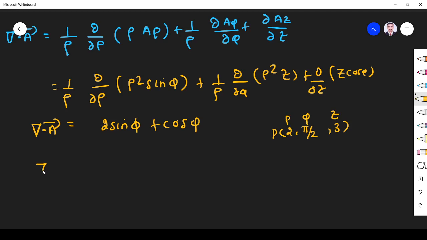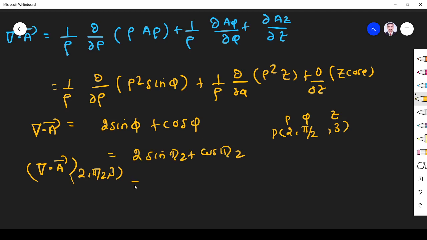So what you have to do: rho is equal to 2, phi is equal to pi by 2. So 2 into sin pi by 2, plus cos pi by 2. Cos pi by 2 is 0, sin pi by 2 is 1. So the answer is scalar, right? This is the way you have to find the value at a particular point.